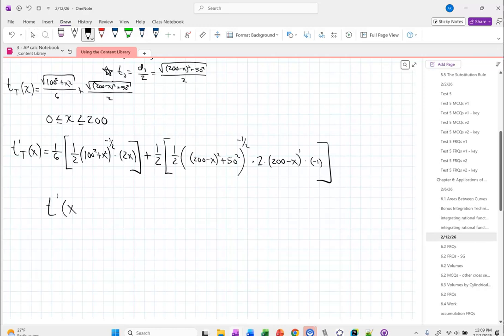Now that I've taken the derivative, I'm going to look for the critical points. So I look at where the derivative is 0 and where the derivative fails to exist. Are there any values for x that make this undefined? None that are outside of the domain anyway, right?